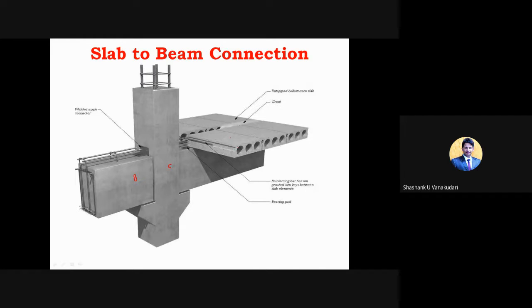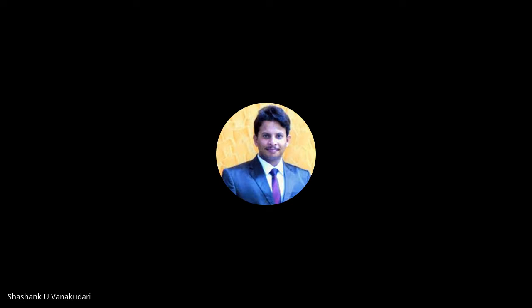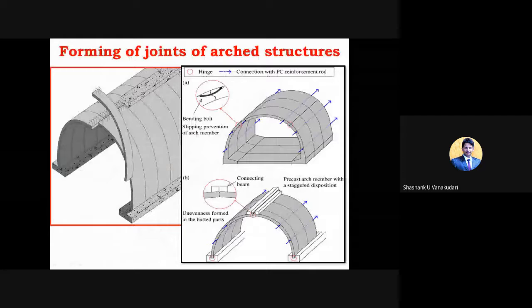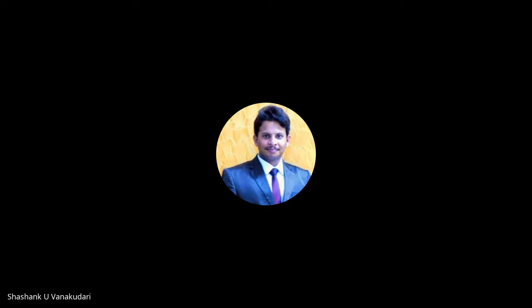They have placed the RC planks between the columns, on top, by using the grouting materials, and then forming joints of arch structures. So here you can see the arch-like structures. They are going to manufacture tunneling connections and all.